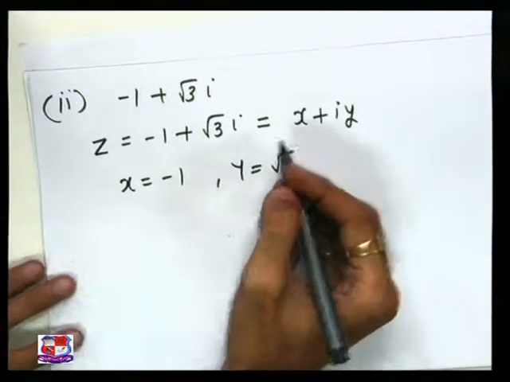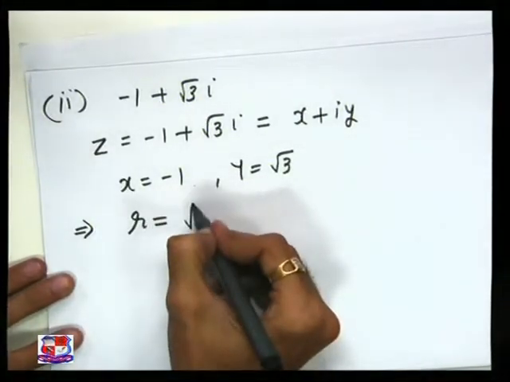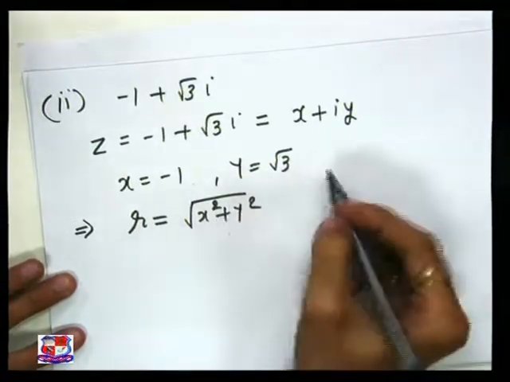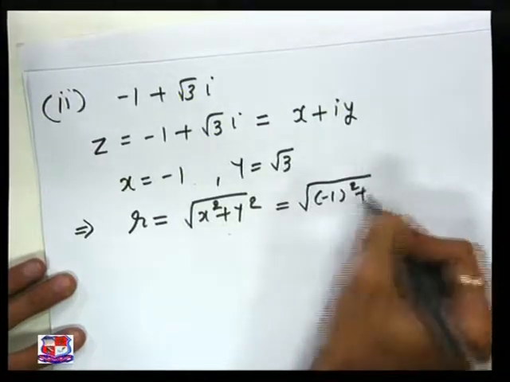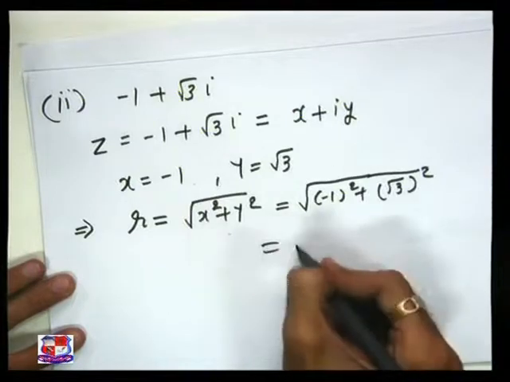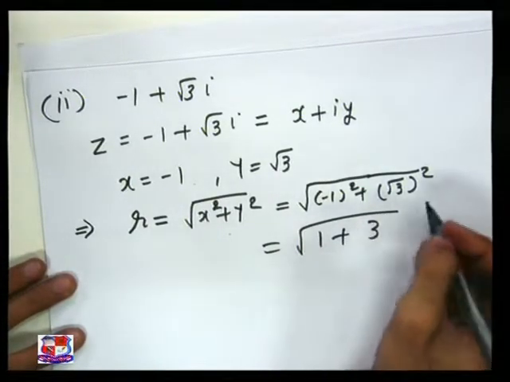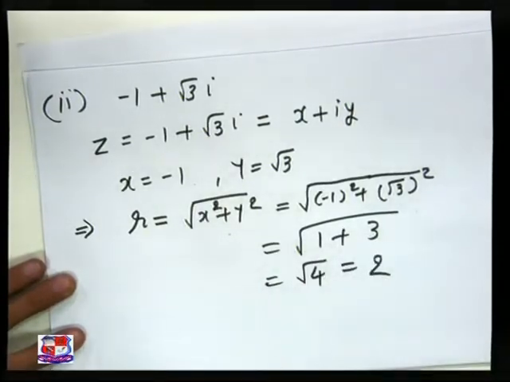So first, r is equal to root of x square plus y square, that is equal to root of minus 1 square plus root 3 square, that is equal to root of 1 plus 3, that is equal to root 4, which is equal to 2.